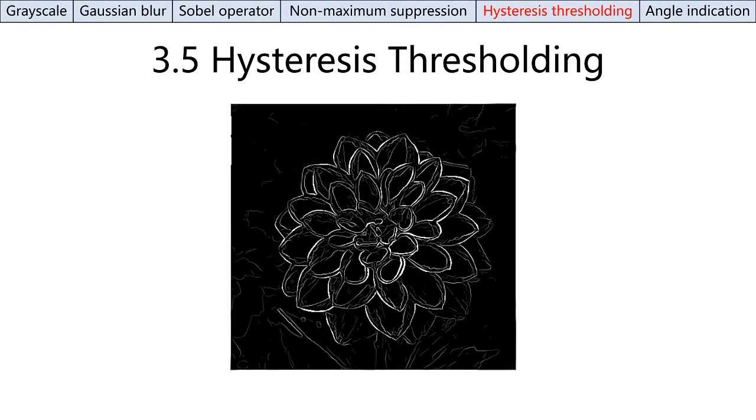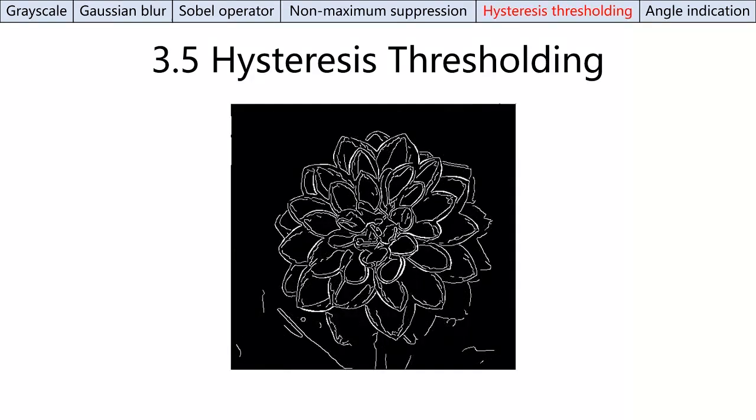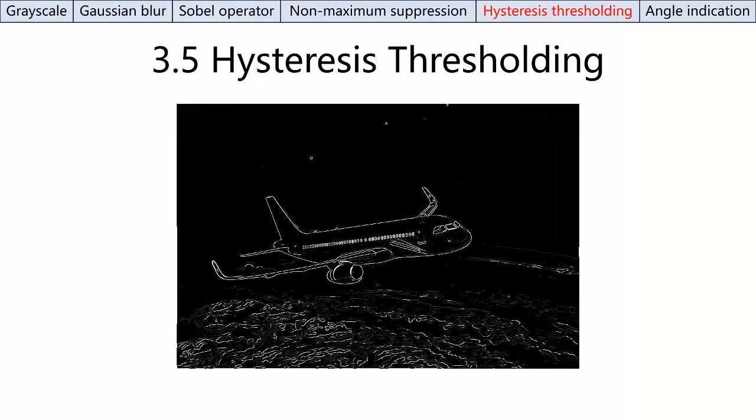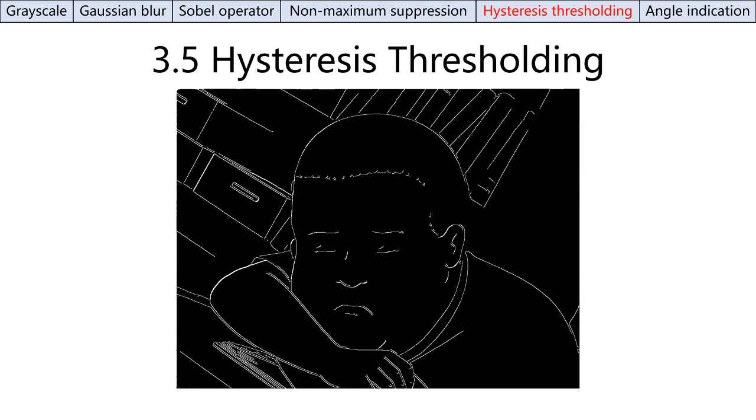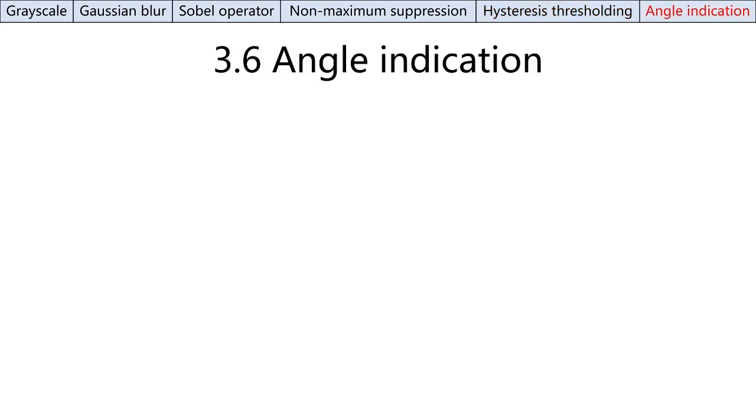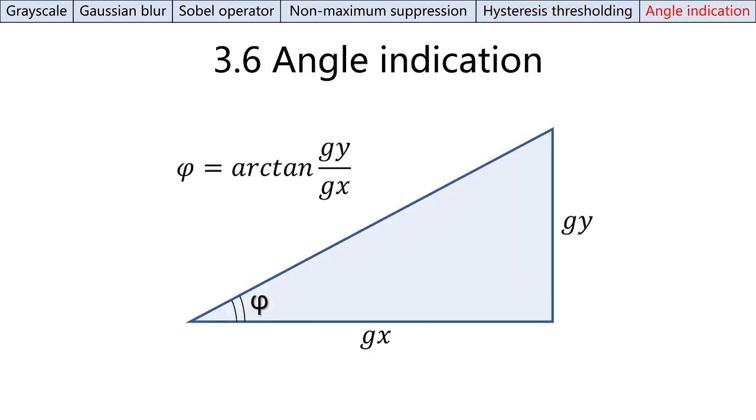Look at these examples. Actually, we have done many experiments trying to find a balance between information and noise. Honestly, angle indication is the easiest part.